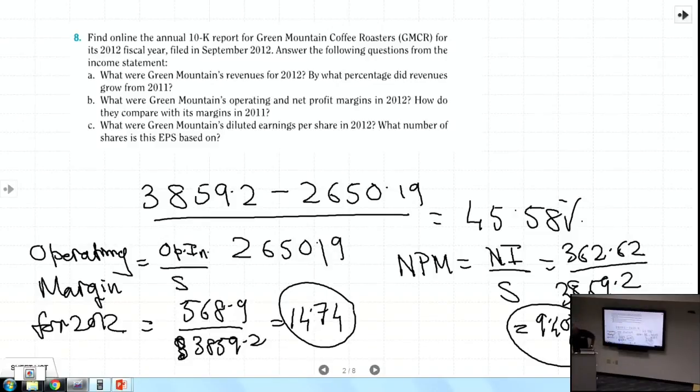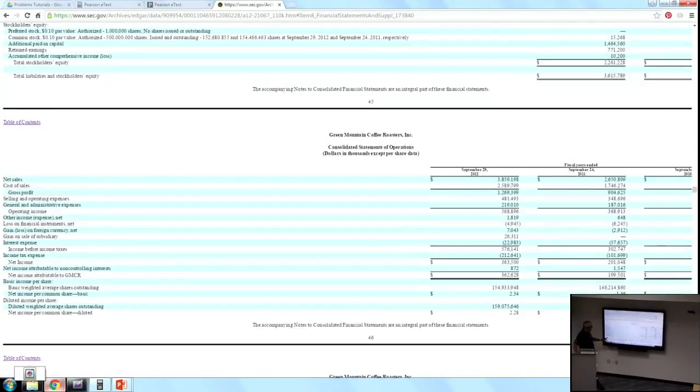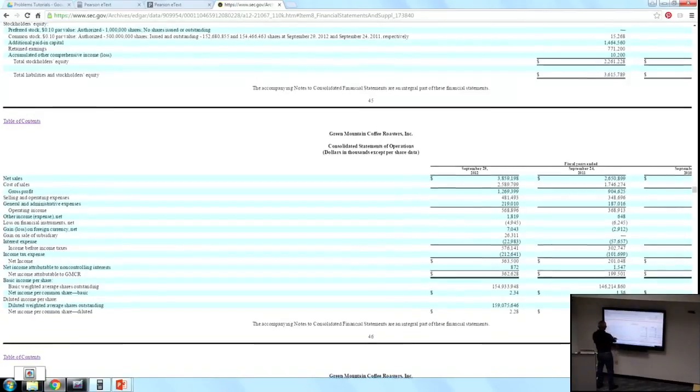Part C of question number 8 asked, what were diluted earnings per share in 2012, and what number of shares is this based on? So we're looking at diluted earnings per share, over here.